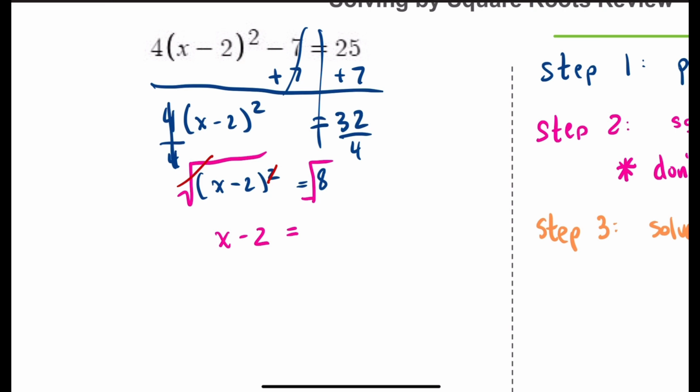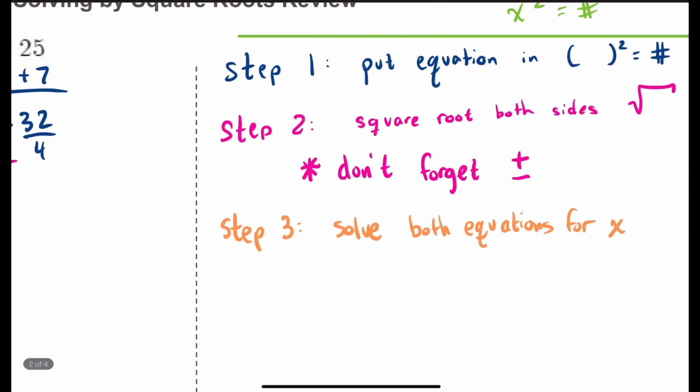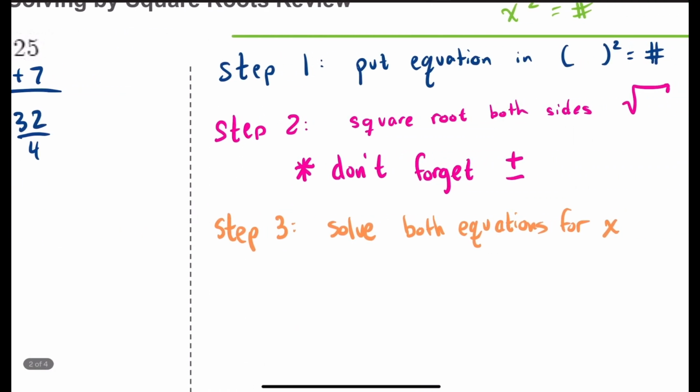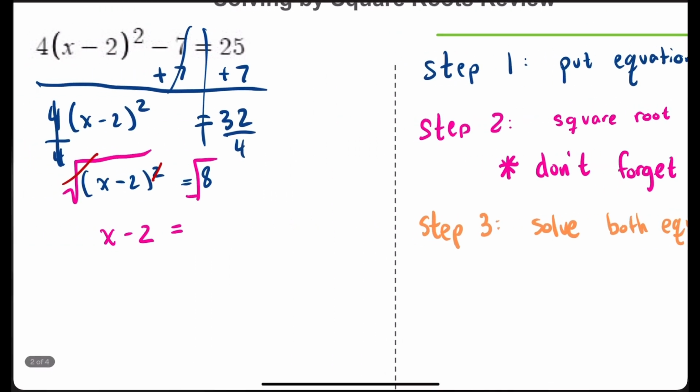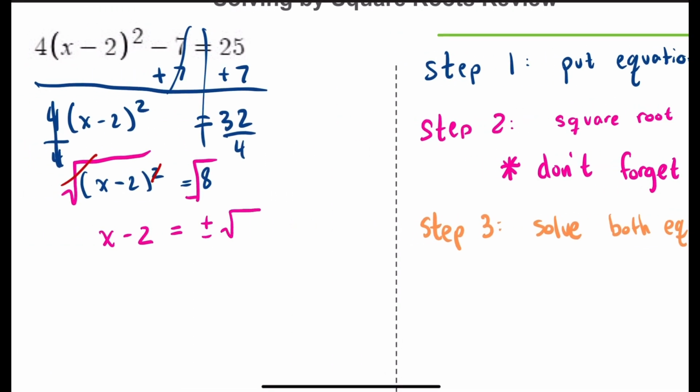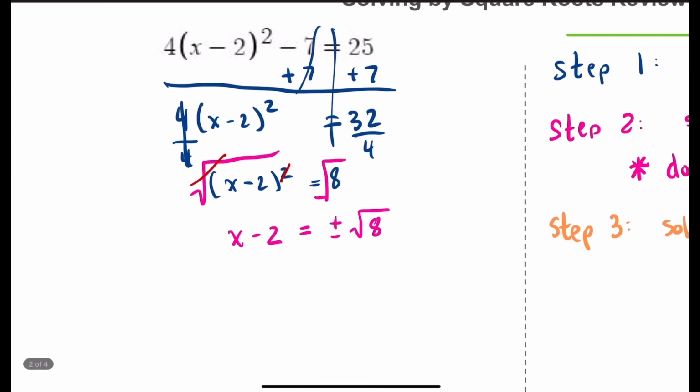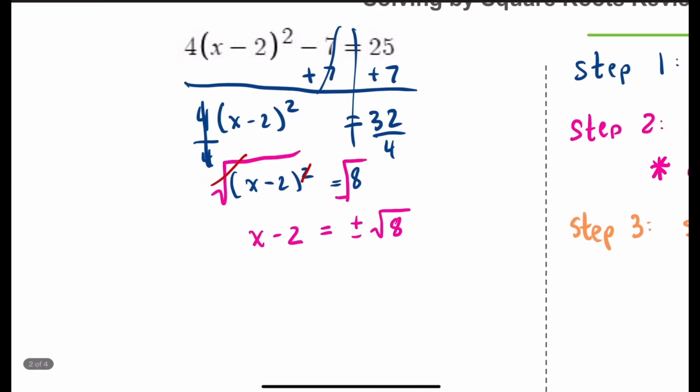But be careful when you take the square root of that number 8, don't forget the plus or minus symbol. Why do we use the plus or minus symbol? Because there's 2 possible answers: the positive square root or the negative square root, which makes sense.